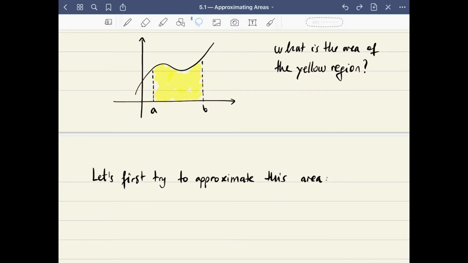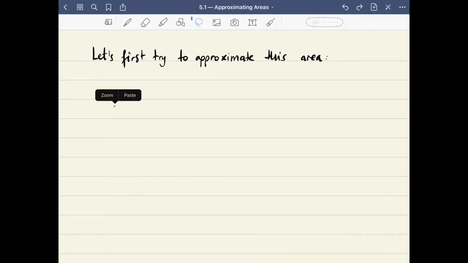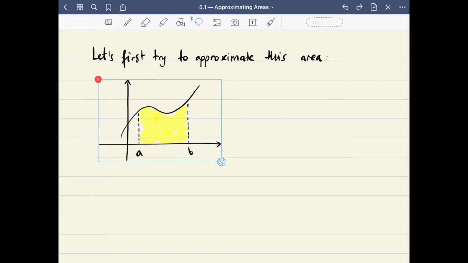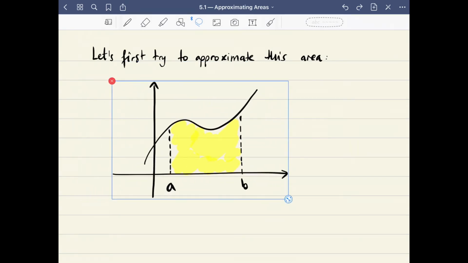Let me copy and paste this picture first, because we'll need this. So let me magnify this. So what we'll do is the following.